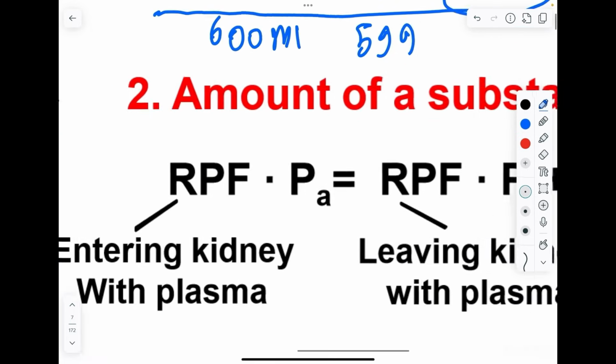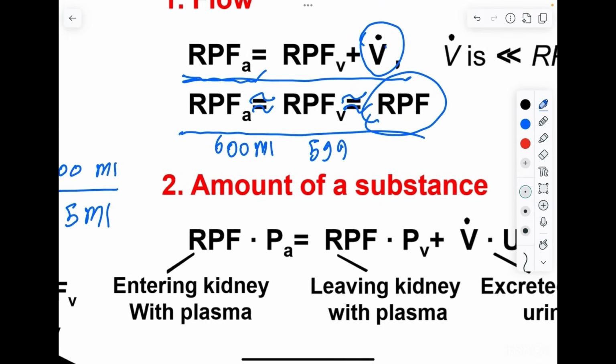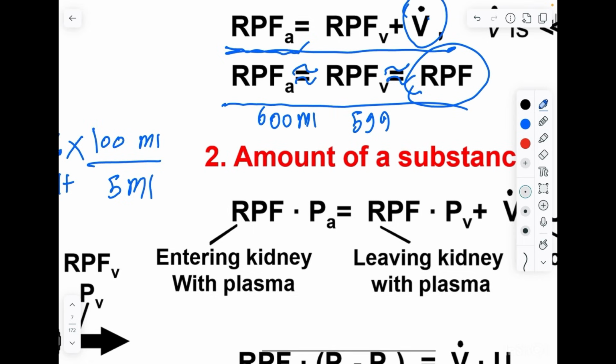This is exactly what's happening here. As we said, this equation is telling us that what comes from the artery is leaving through the vein and through urine. We can multiply the whole equation by the concentration of a substance, and let that substance, for example, be creatinine.